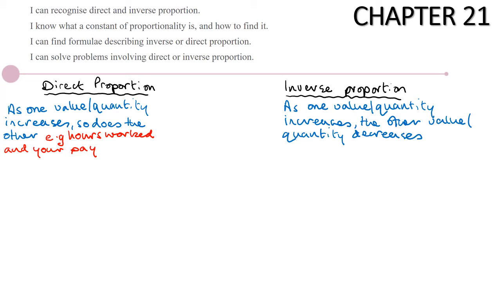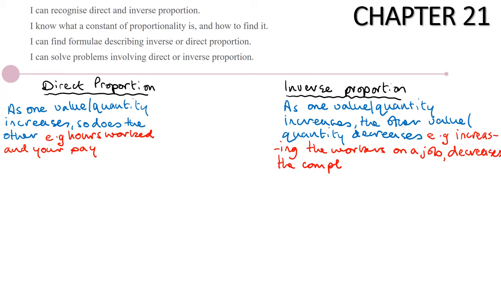If you increase the number of people doing that job, let's say building a house, the less time it will take, the job will get done in a quicker amount of time. So, e.g., increasing the workers on a job decreases the completion time. That would be an example of something which is in inverse proportion.